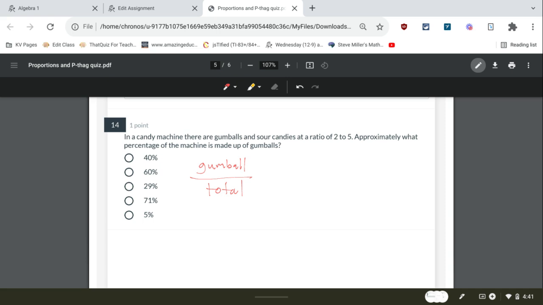So the gumballs is a 2, and the total would be a 7. And then you just divide those two numbers, and that's going to give you 0.2857, which is going to be about 29% if you round up.